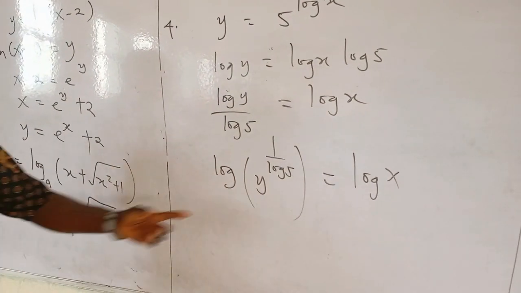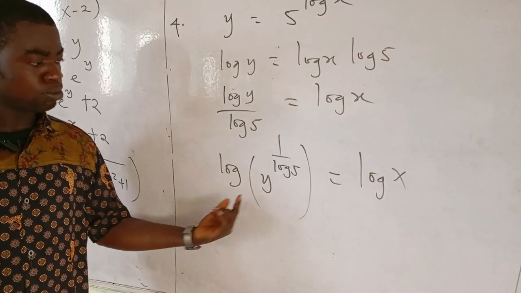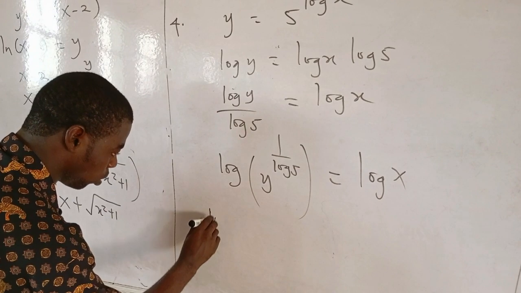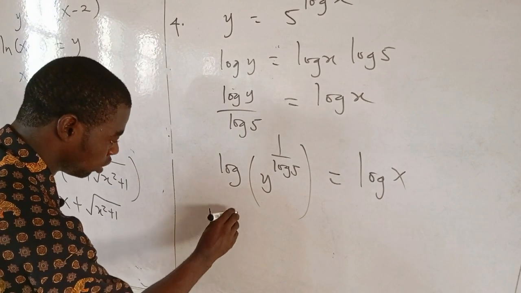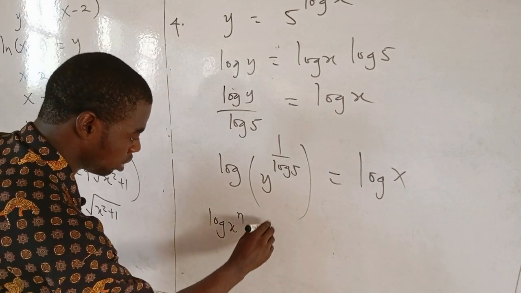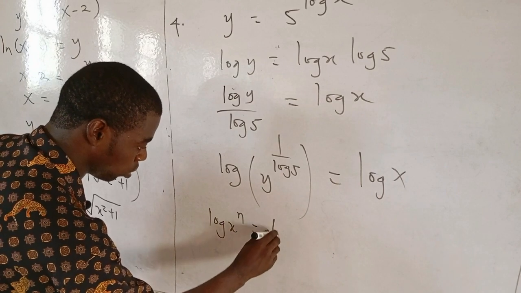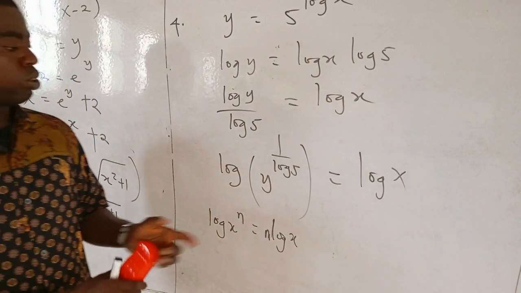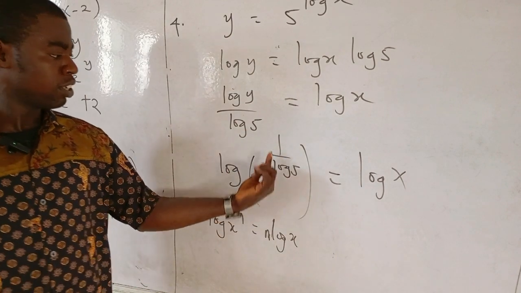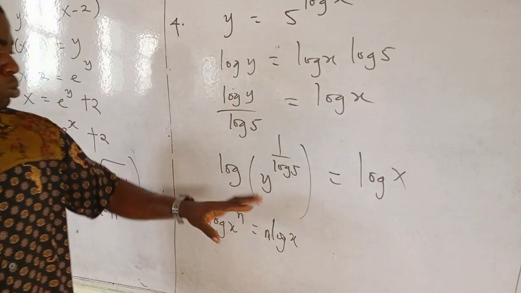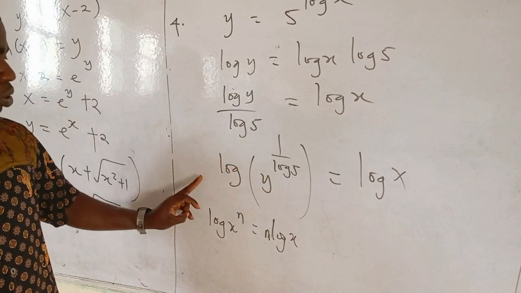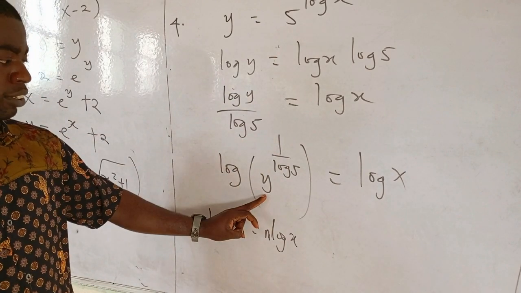How is that true? This is logarithm, and one of the laws of logarithm says that log of x to the power of n will be equal to n log x. So having log of y to the power of 1 over log 5, we can have this to be 1 over log 5 times log y.